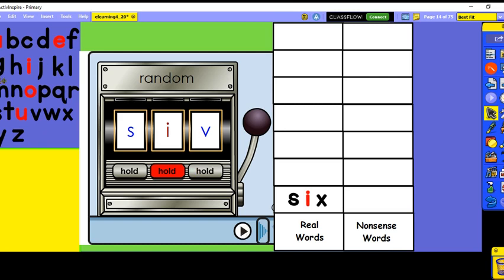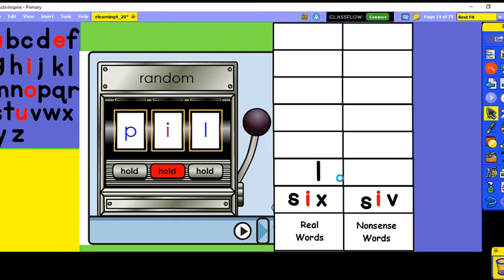Sieve. So we'll put that one with nonsense word. Ill. Well, that sounds like a real word if we add 2 L's at the end.